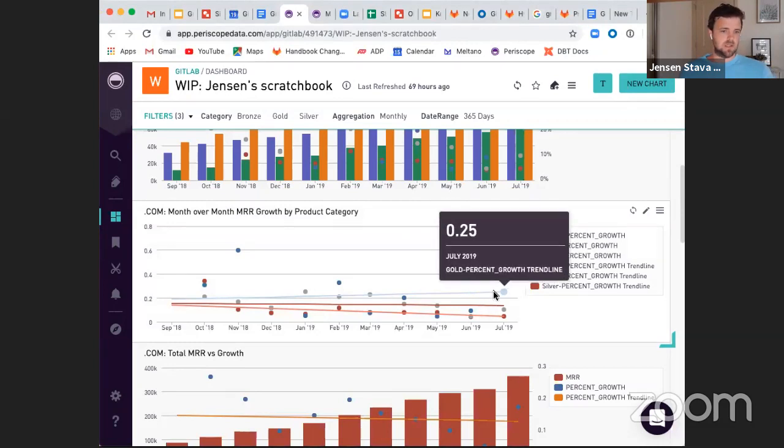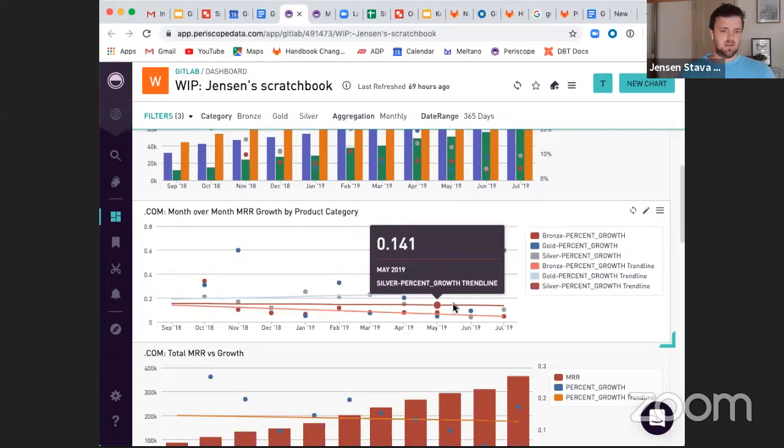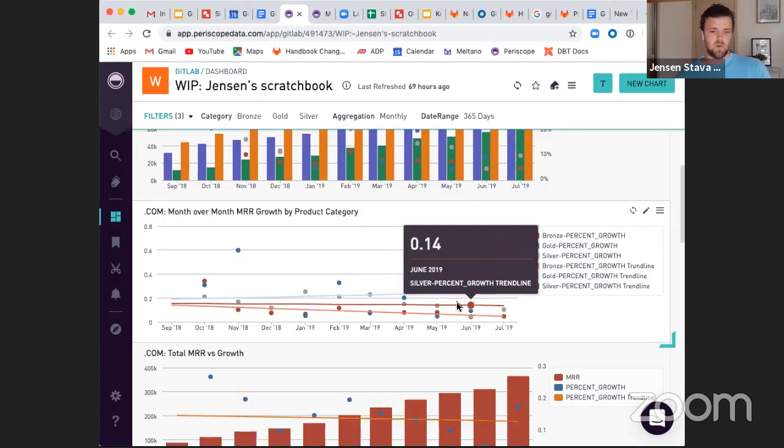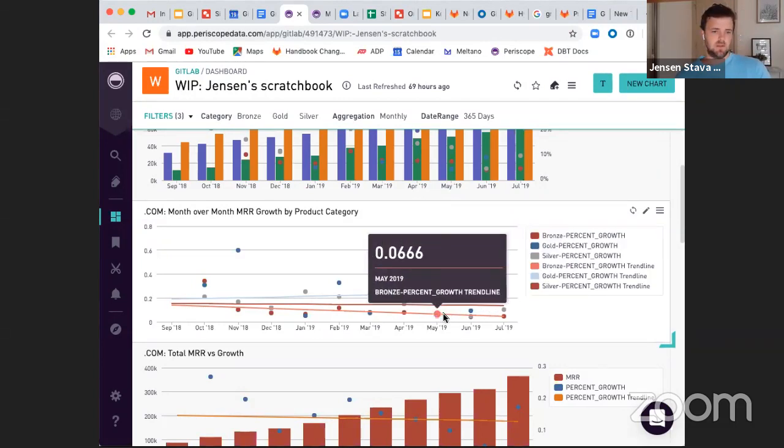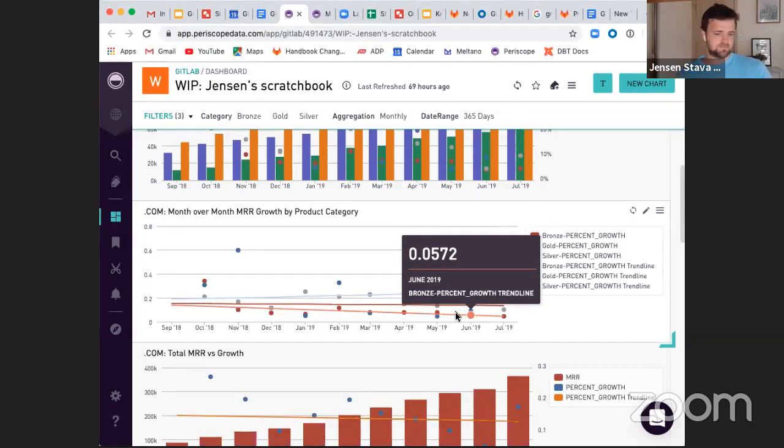We can see a trend line of gold growth increasing over time and silver decreasing. Again, this is month-over-month growth, so this is growth from one month to the next. Same thing with bronze, the MRR growth is decreasing.